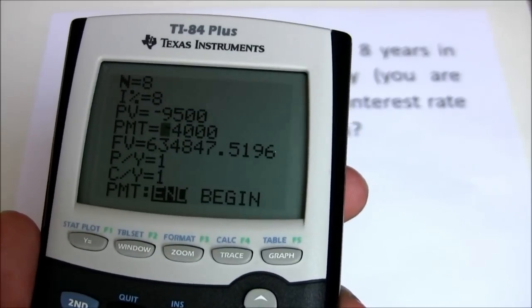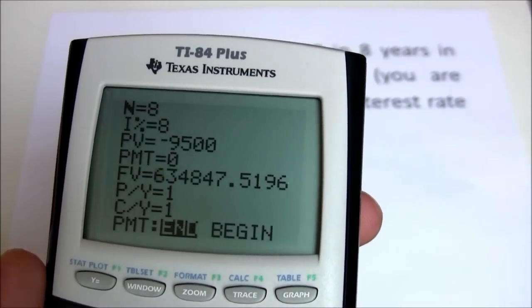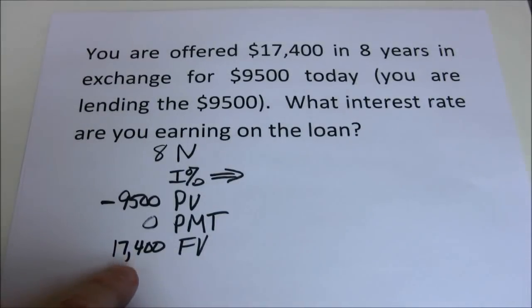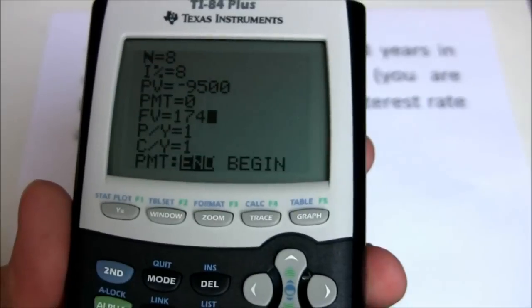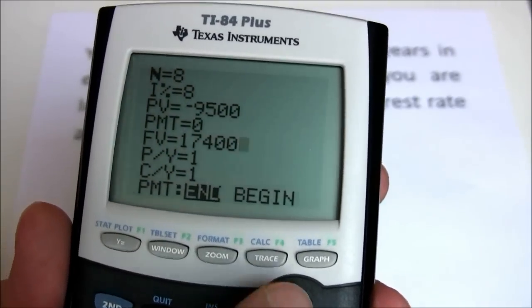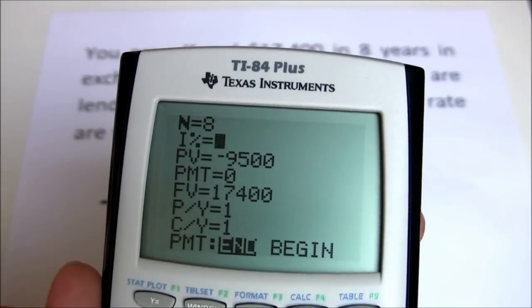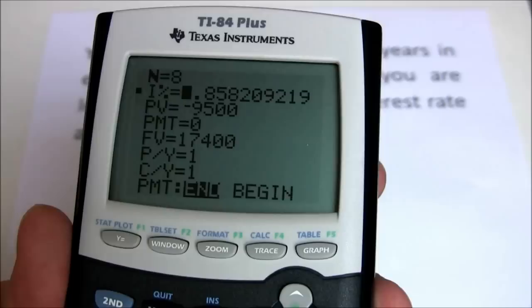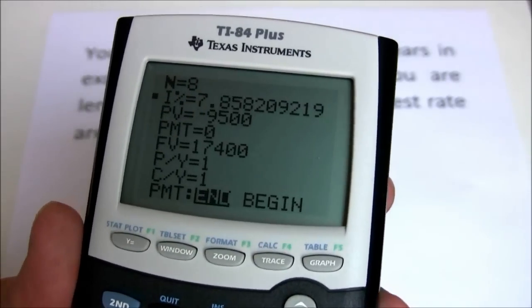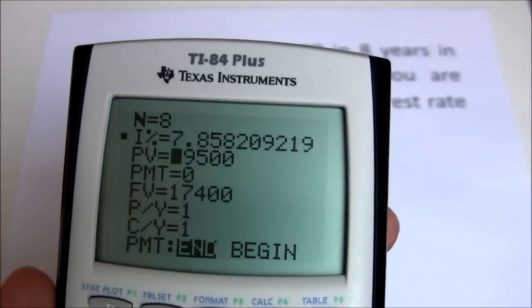No payment. Let's clear that out, make it a 0. And future value, remember, was positive 17,400. Now scroll back up to my interest. Go ahead, clear that out. And now alpha solve, and I get 7.85 or 7.86% as my interest rate.